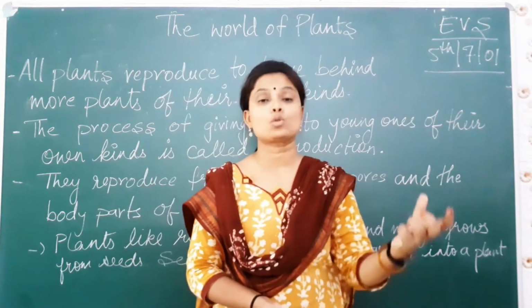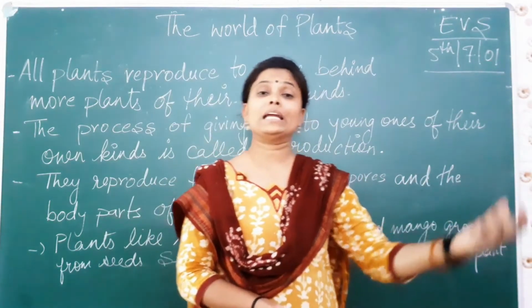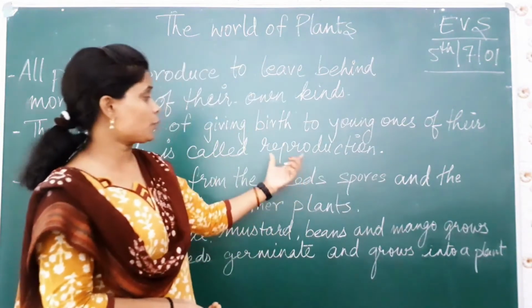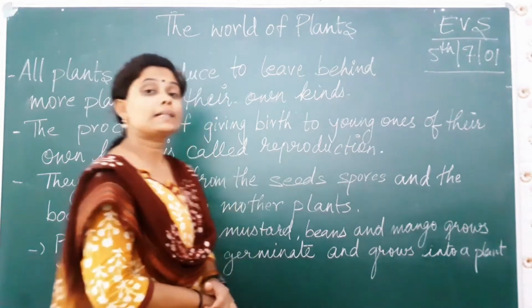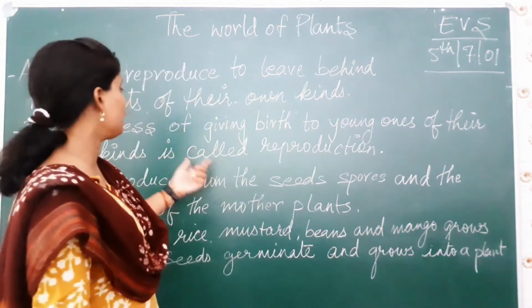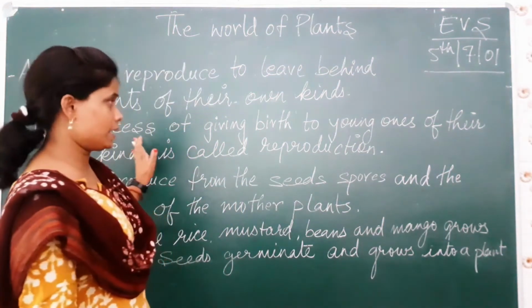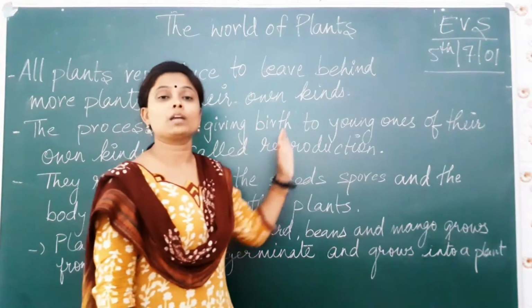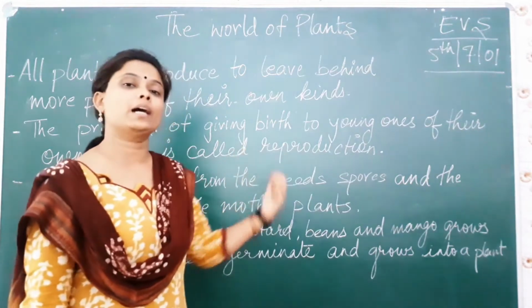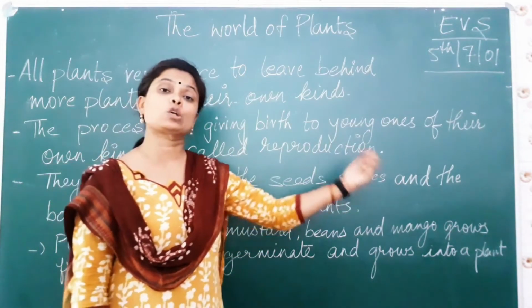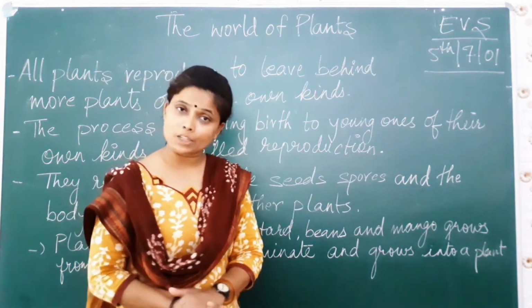The same plant grows from the plant it was. So this process is called reproduction. Let us repeat once again, it's an important one, that the process of giving birth to young ones of their own kind is called reproduction.